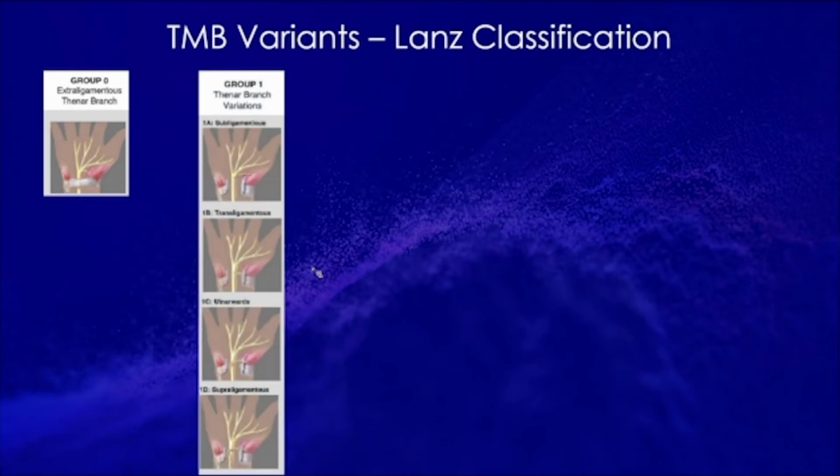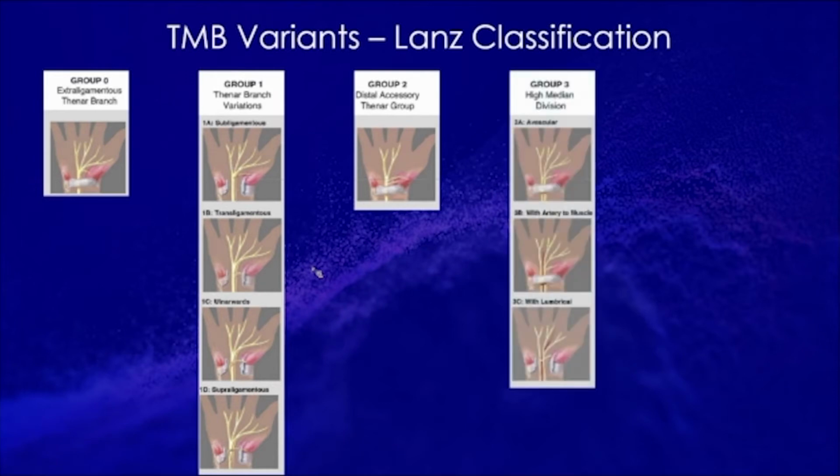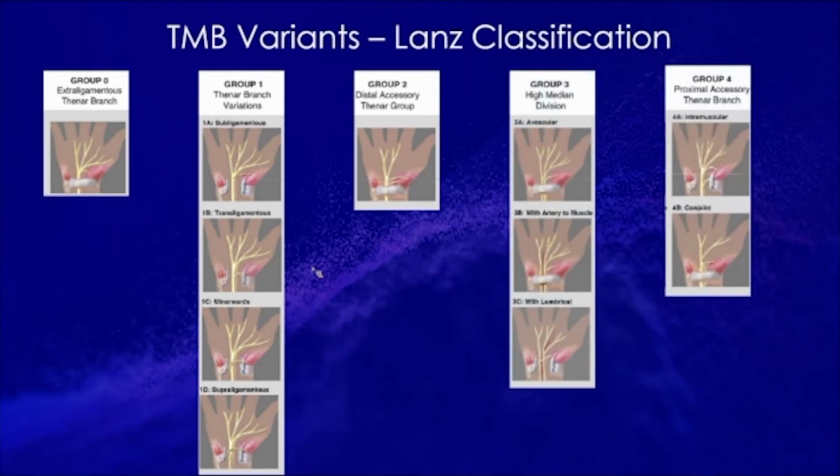And there are variants of the thenar branch itself. There are accessory thenar branches. There are high divisions of the median nerve. There are proximal accessory branches, and a lot of these are interesting if you're doing an anatomic study. But if you're actually talking about carpal tunnel surgery, there are a couple that you really have to know and be very, very careful about.